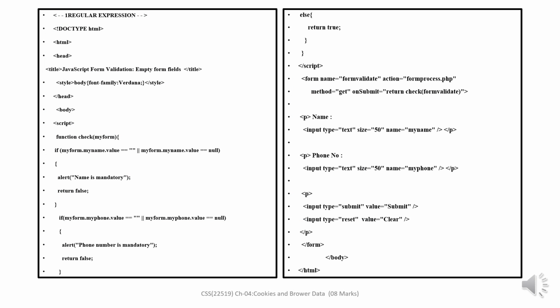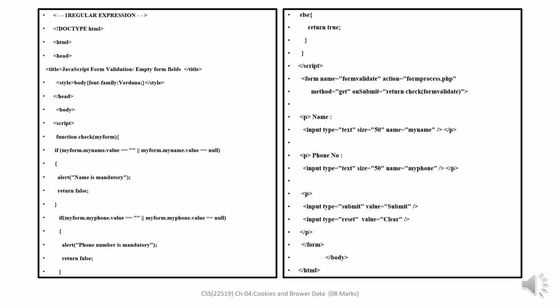This is the program for the regular expression again. So JavaScript for validation of empty form fields by using forms. Okay, function here is the function checkMyForm. If myForm.myName.value is equal to empty, alert name is mandatory, then myForm.myPhone.value, then alert phone number is mandatory.